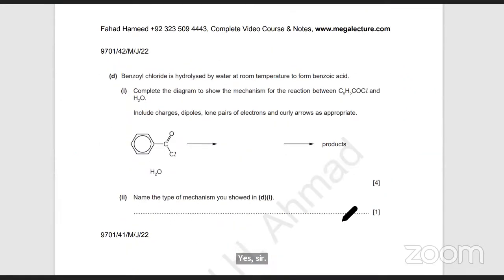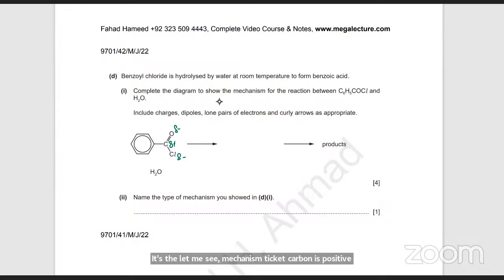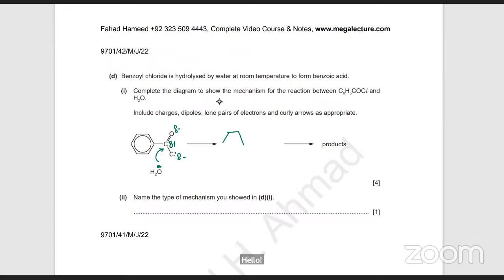That's the next one, again hydrolysis. So it's the same mechanism. Okay. Carbon is positive. Remember, it's a 4-mark question. Remember addition elimination, okay?